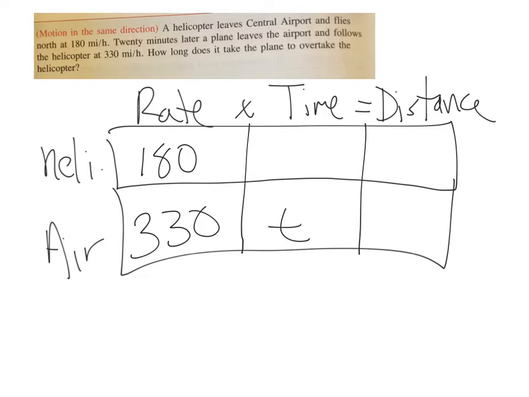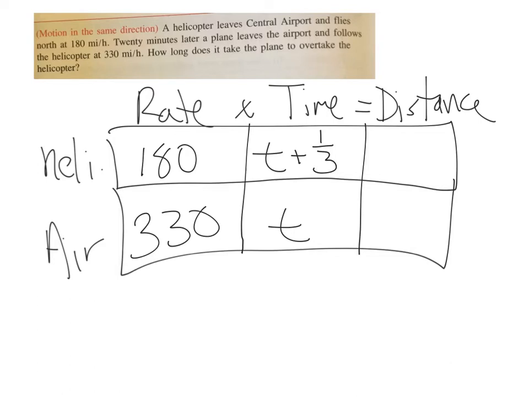If it left 20 minutes later, that means the helicopter has 20 minutes more time. But we can't say plus 20 because 20 minutes doesn't mean 20 or 0.2, right? Because an hour is 60 minutes, so we have to write what 20 is compared to an hour. 20 minutes of an hour is 1/3 of an hour, so it's t plus 1/3.